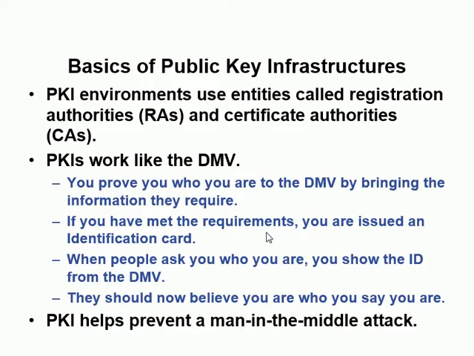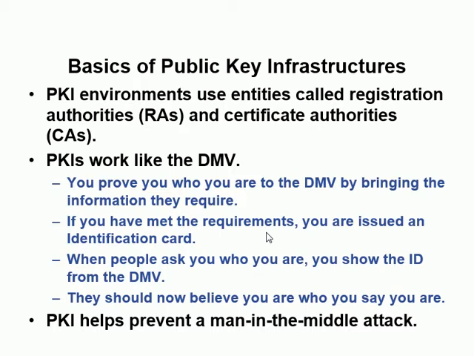So the basics of PKI: they use entities called registration authorities, or RAs, and certificate authorities, or CAs. It works a little bit like the DMV. When you go to the DMV, you get your driver's license. Now I live in New Jersey. In order to get a driver's license in New Jersey, you have to bring a tremendous amount of paperwork with you to prove that you are who you say you are.